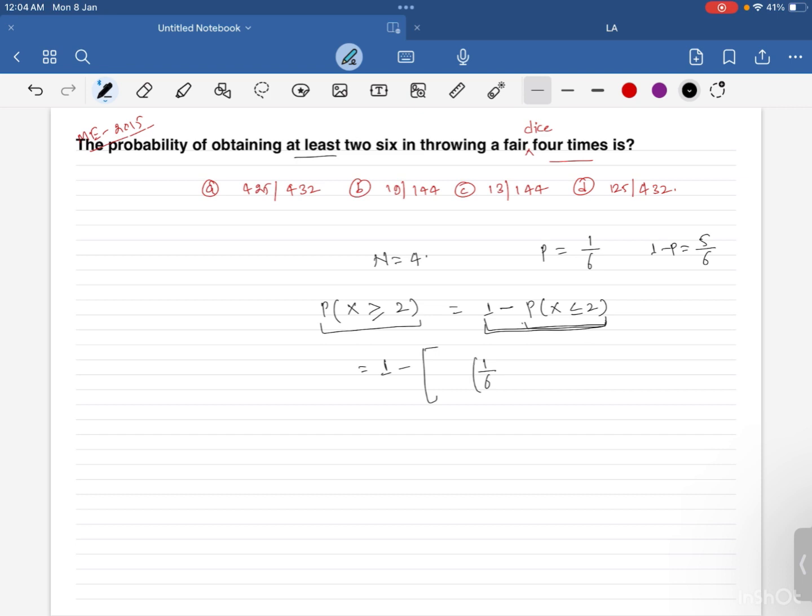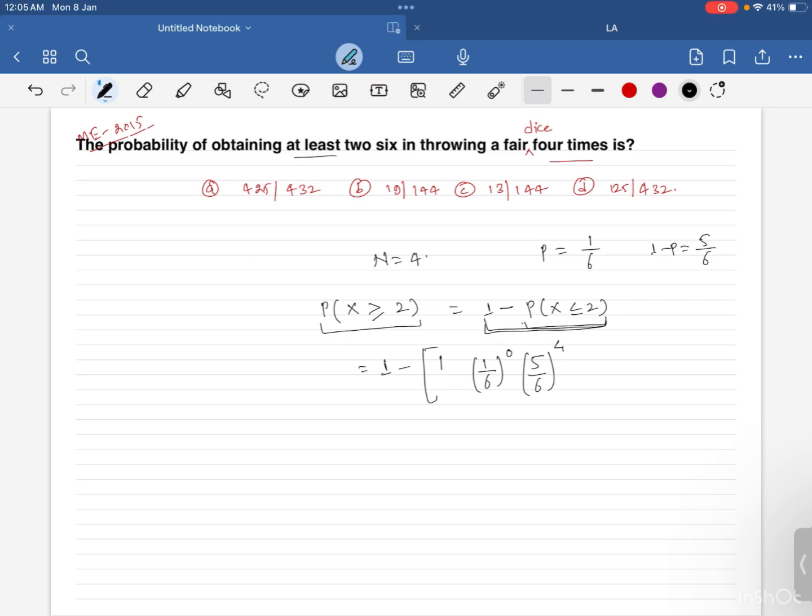So it is 1 by 6 with no success and 5 by 6 with unsuccessful, and it can be any combination, right?